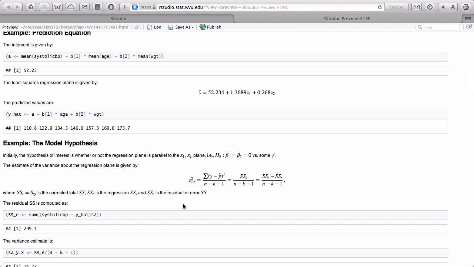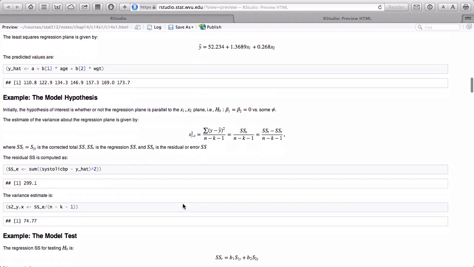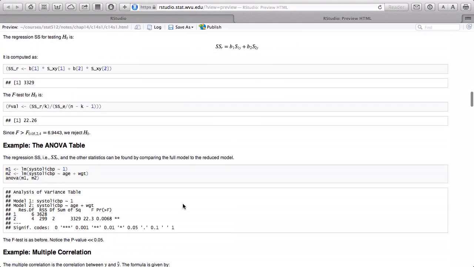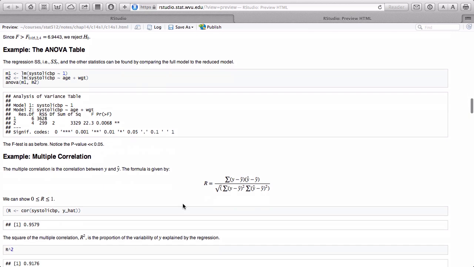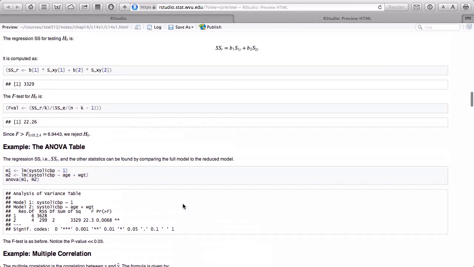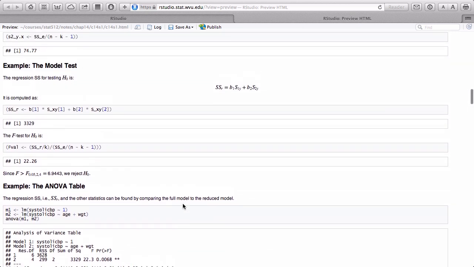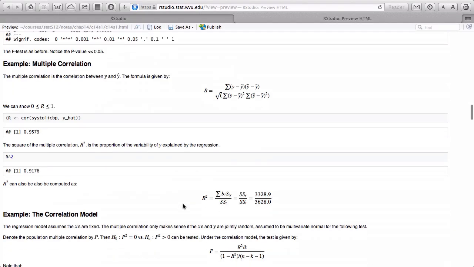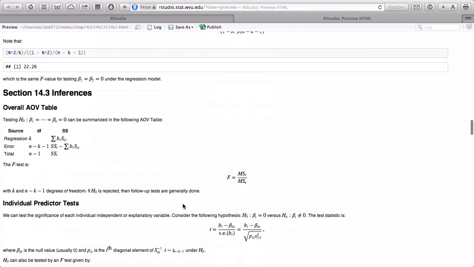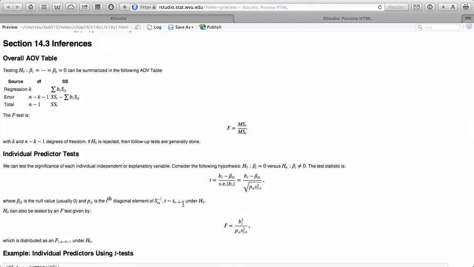But we didn't do what I would call model fitting, which is what we'll do today, along with some other topics. But we went through and we fit models. We looked at the ANOVA table. We also looked at the summary table. And we made inferences about the overall regression model.